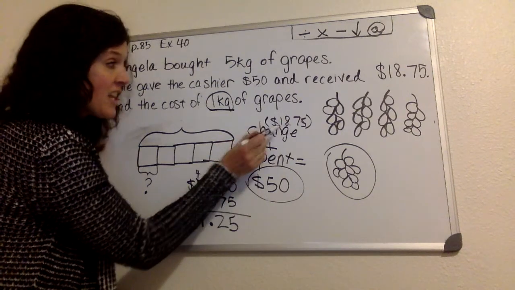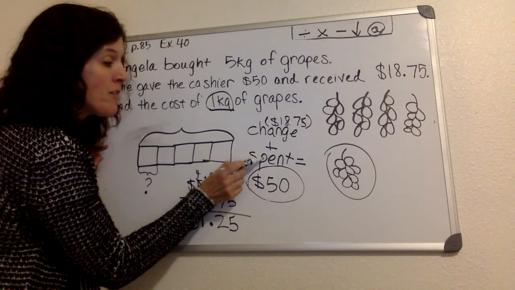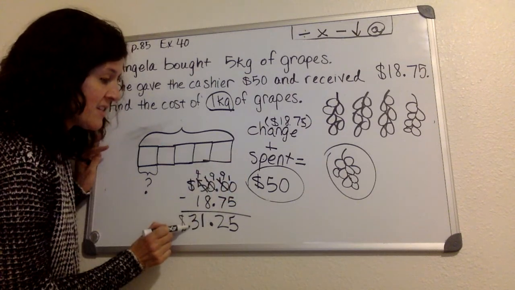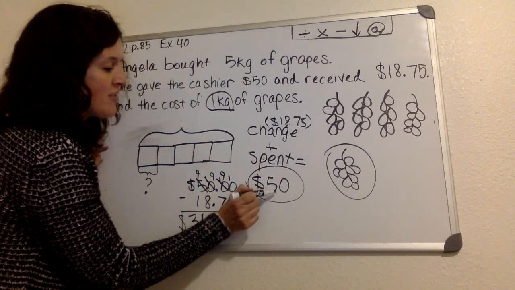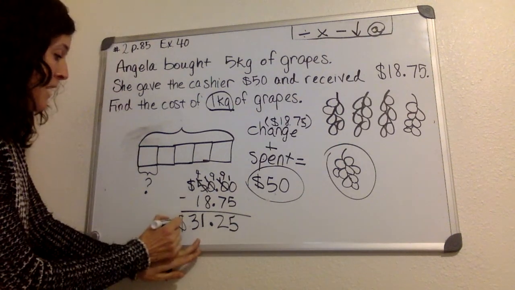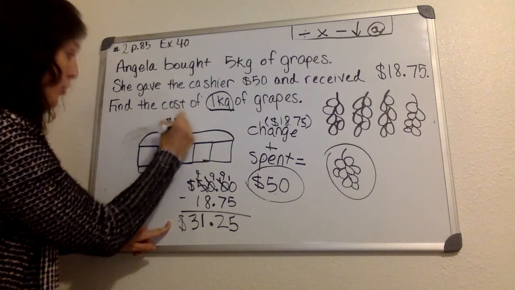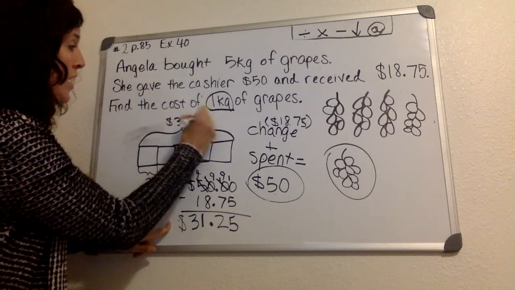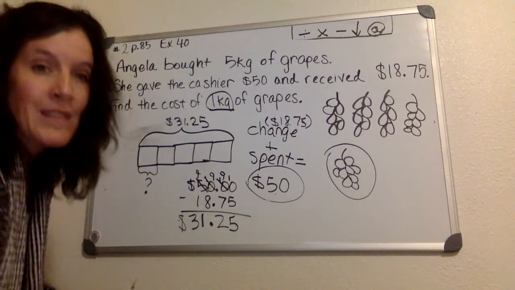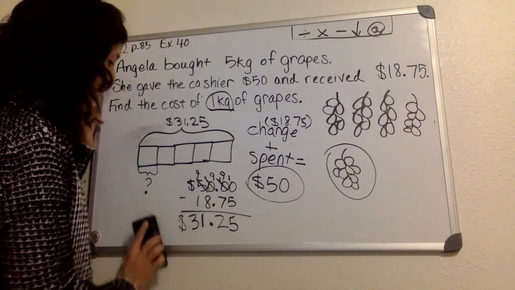So the change I have from the cashier plus the amount of money I spent, which is this, equals $50 altogether. Okay, so now this money right here, the amount of money I spent on the grapes, can go right up here. And now I can go from there. So I'm going to clean this guy up a little bit.